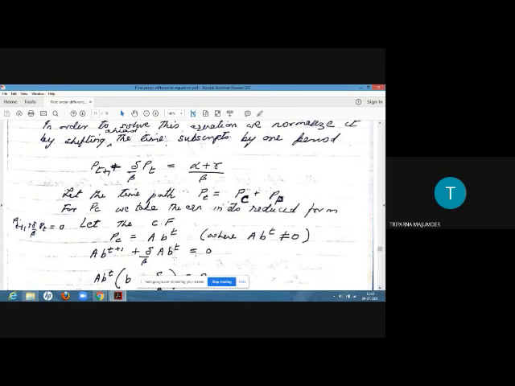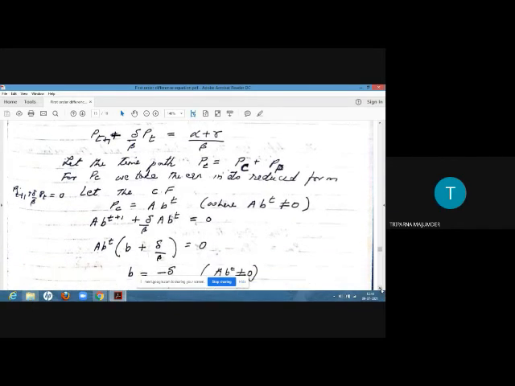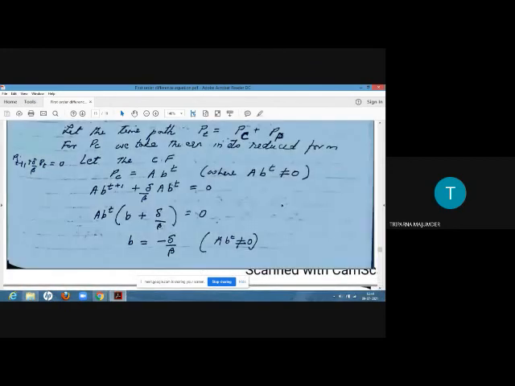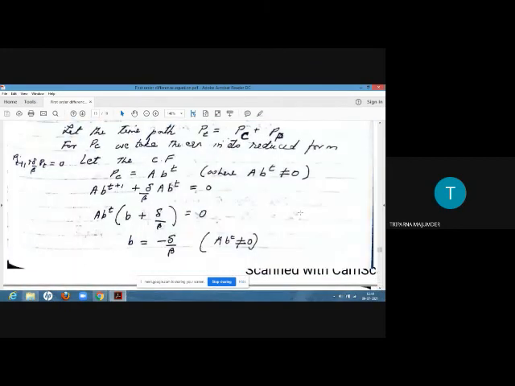So P_c is equal to A b to the power t, where A b to the power t is not equal to 0. We substitute for the terms with A b to the power t to obtain the value of b as minus delta by beta, since A b to the power t is not equal to 0.